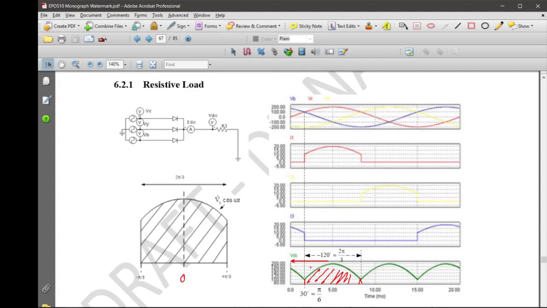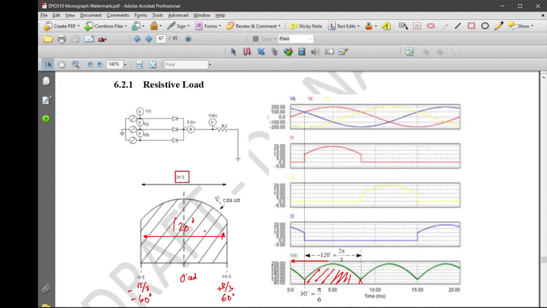Therefore, on the positive side you have positive pi over 3, which is 60 degree, and on the negative side you have negative pi over 3, negative 60 degree. So again, the total is 120 degrees, 2 pi over 3.